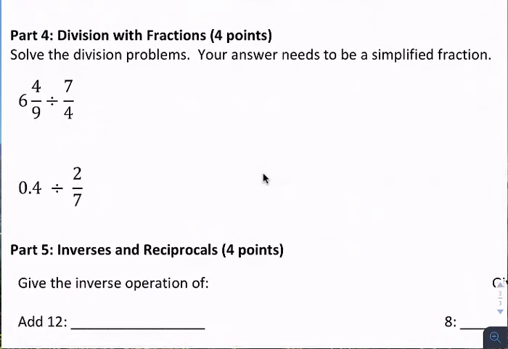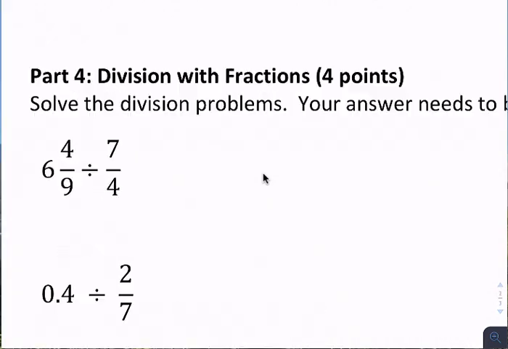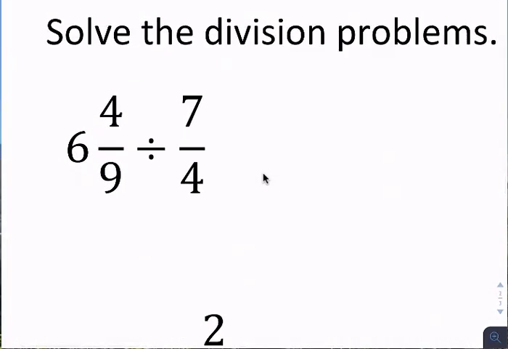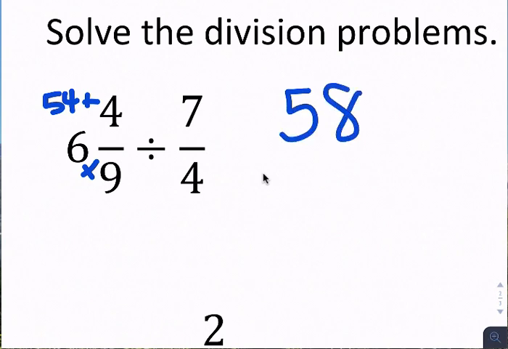All right, the next part is dividing with fractions. So we have 6 and 4/9 divided by 7/4. Remember, we want to do keep, change, flip, but to do that with this mixed number, we want to make sure we make our mixed number improper. So 9 times 6 is 54. 54 plus 4 is 58.